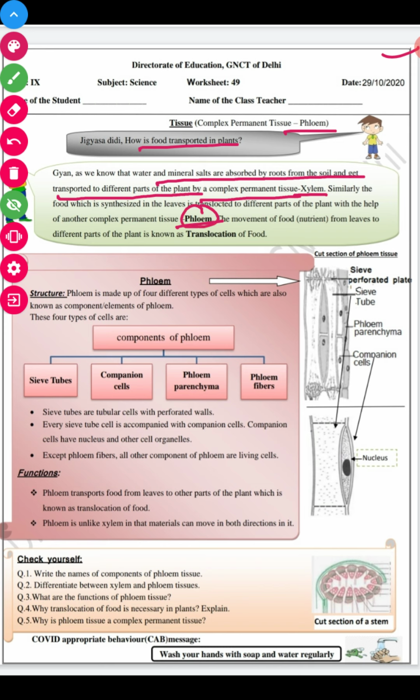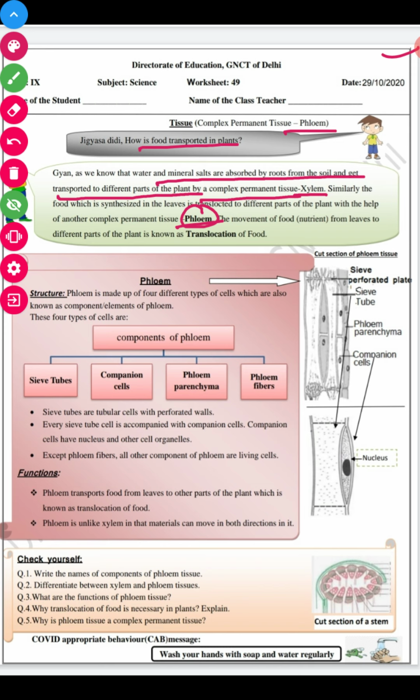This is the specific function done by phloem tissue, the translocation of the food prepared in the plant, especially in leaves, and transported to all parts of the plant.